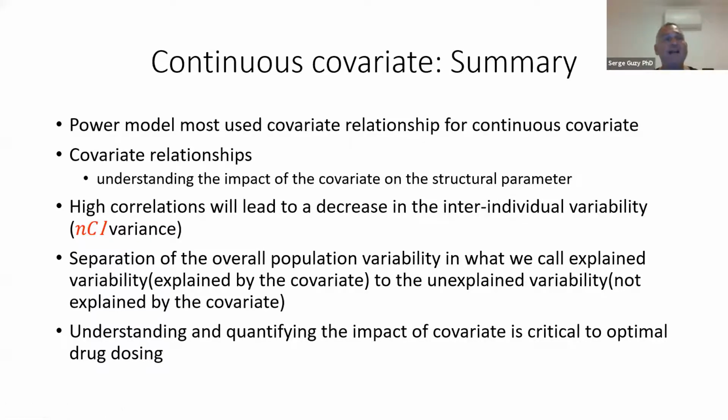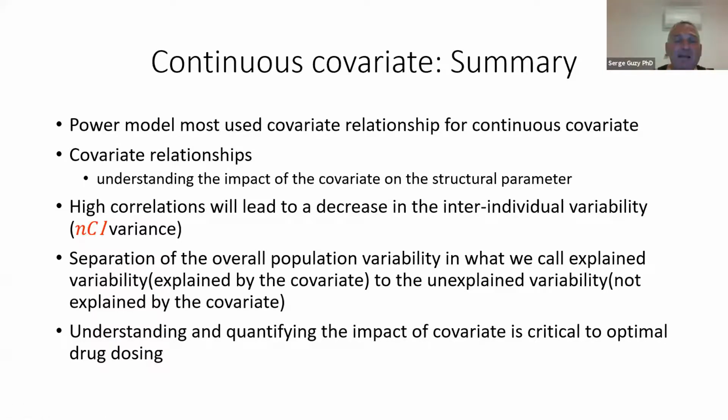We have two kinds of variability in the population. We have variability that we can explain, and we have variability that we cannot explain. The variability that you can explain is, for example, to tell, you know what? Males are different than females, okay?